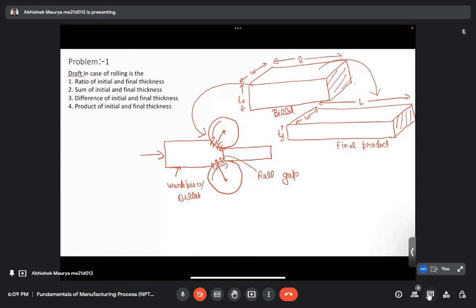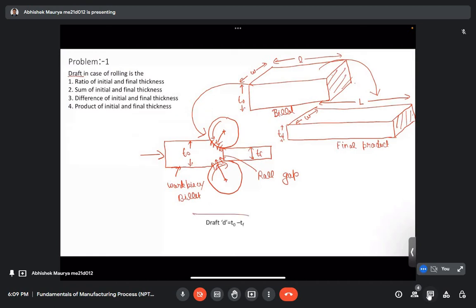So overall in this process, we had an initial thickness of T0 and finally we are getting the final thickness TF, and the initial length was small l, the new length is capital L. The width we have kept the same. So this can be achieved with the process of rolling, and this difference, T0 is greater than TF as we can see in the picture, is known as the draft.